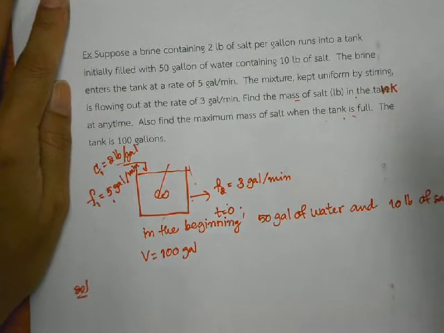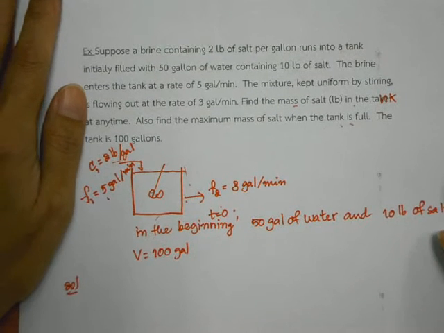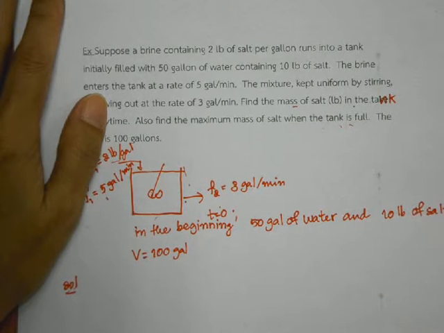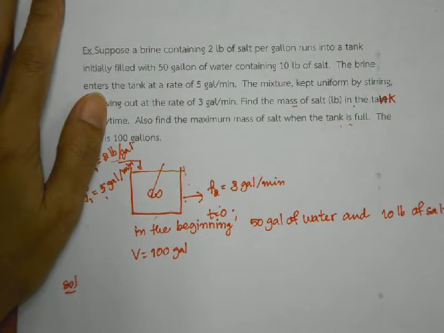Mass balance is defined as the rate that mass transfers into the tank, minus the rate that mass moves out of the tank, plus or minus any generation or disappearance from reaction.